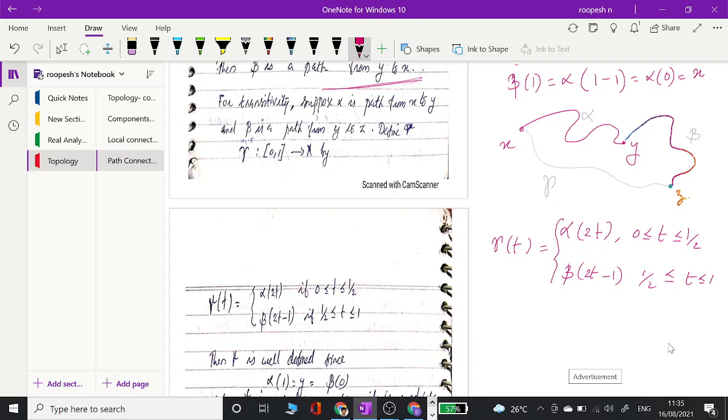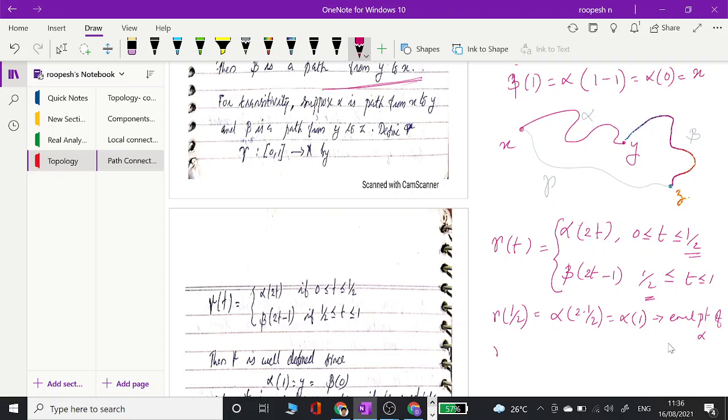Here my problem occurs at the endpoint, that is 1 by 2. Will gamma of t be continuous? You calculate gamma of 1 by 2. Using the first formula I will get alpha of 2 into 1 by 2, that is alpha of 1, the endpoint of alpha.